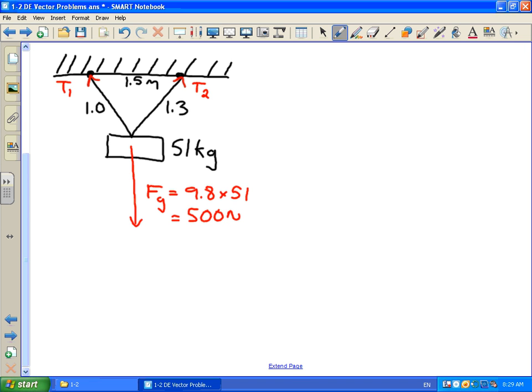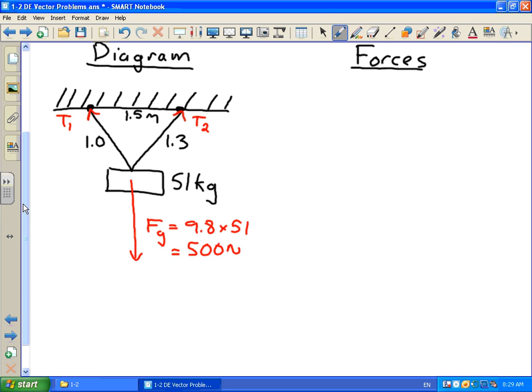So if we take these forces and put them together, let's go over to our force diagram over here. We have a gravitational force pulling down like this, which is 500 newtons. Because this thing isn't moving, we have to have an equilibrant, or a force that balances those 500 newtons.